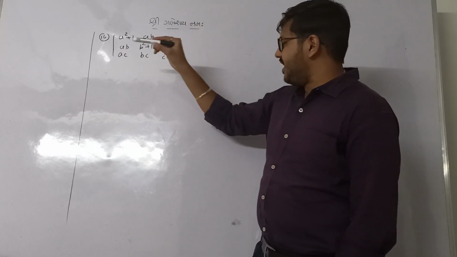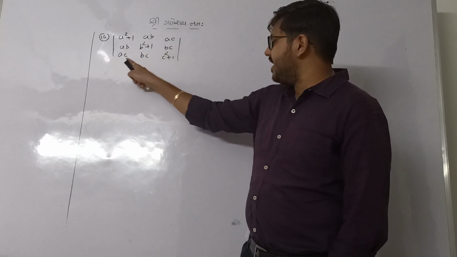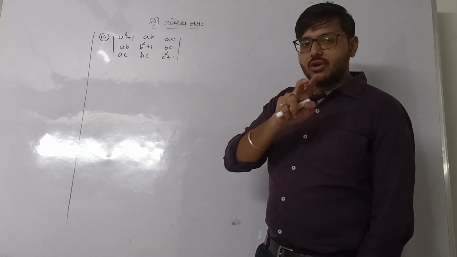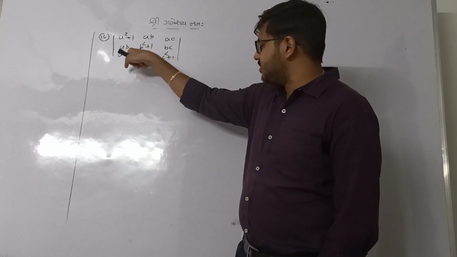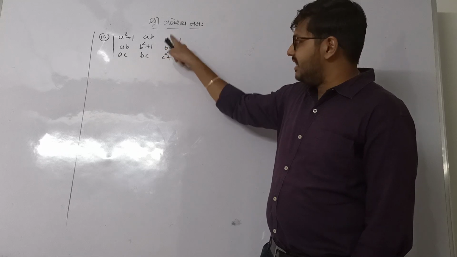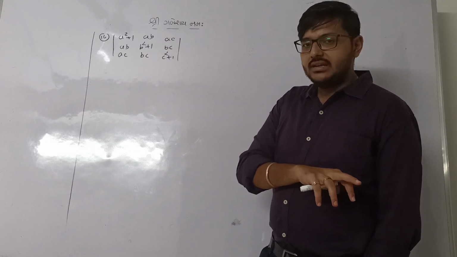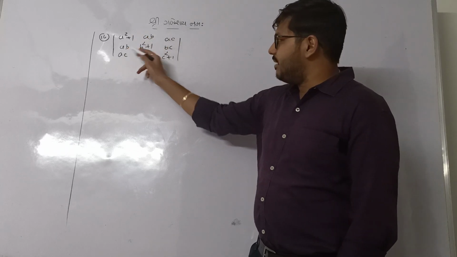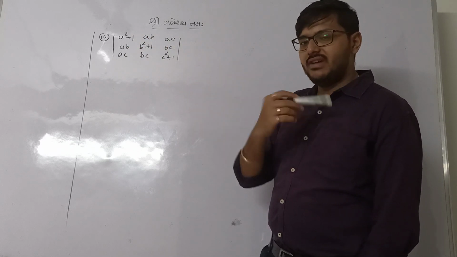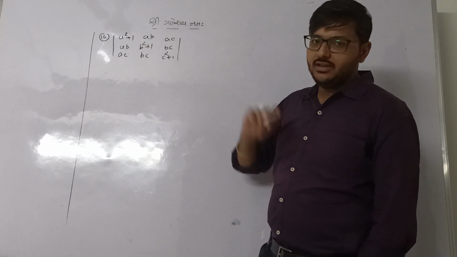That means if I want to multiply A in the first row, B in the second row, and C in the third row, so corresponding columns, first you have to divide with A, second you have to divide with B, and third you have to divide with C. The only reason is to divide that we multiplied with A, B and C in the rows, or vice versa. If you want to multiply in columns, then you can divide in the rows.